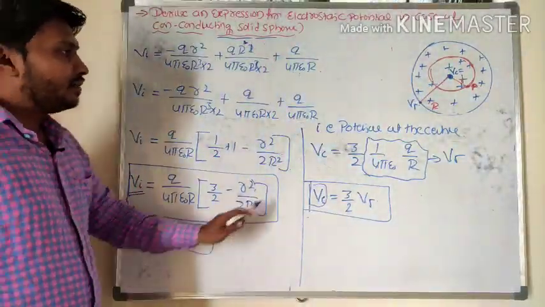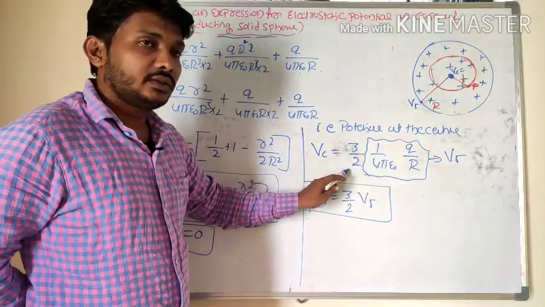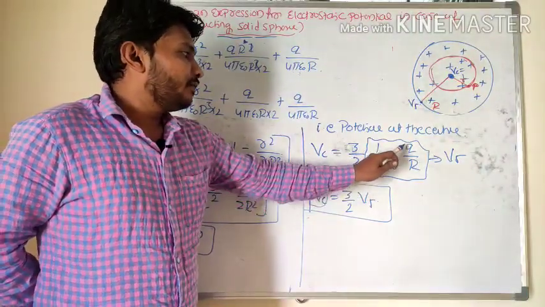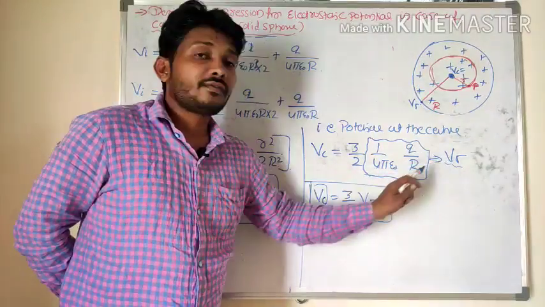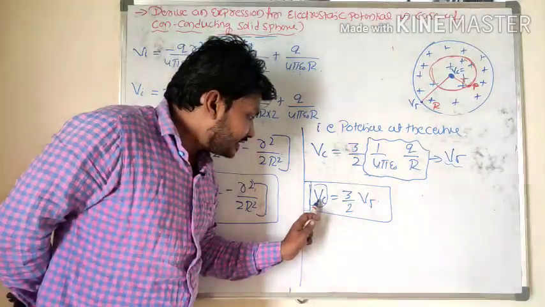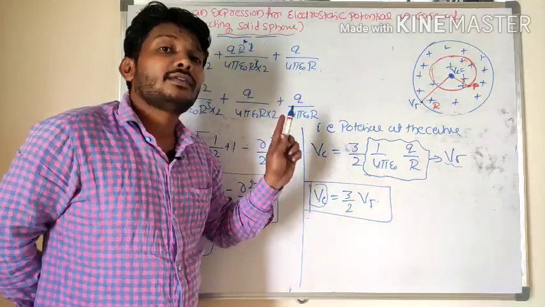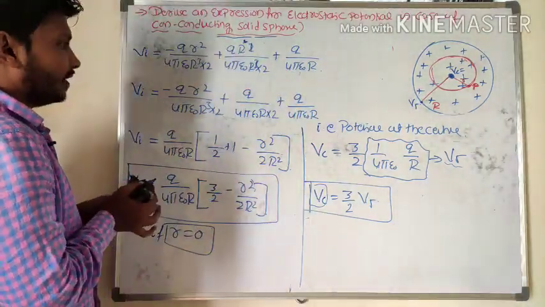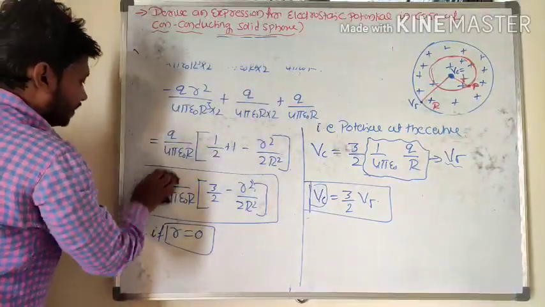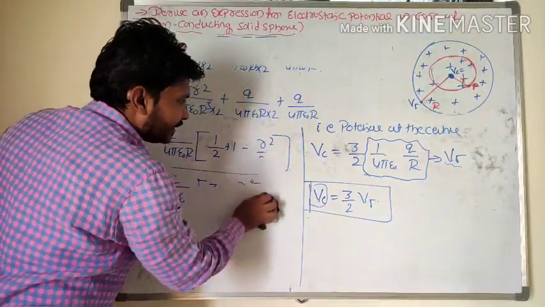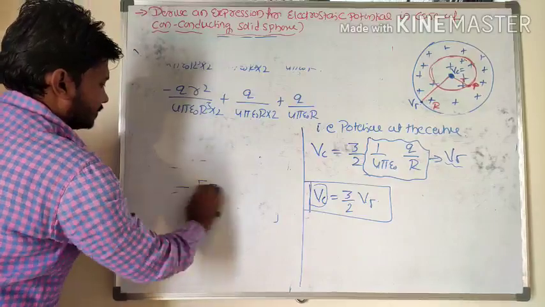If r is 0, then V of c is equal to 3 by 2 times 1 by 4 pi epsilon naught q by r. This equation is the potential at the surface. It means potential is maximum at the center of the sphere. So where will be the maximum possible potential? Potential is maximum at the center of the sphere.